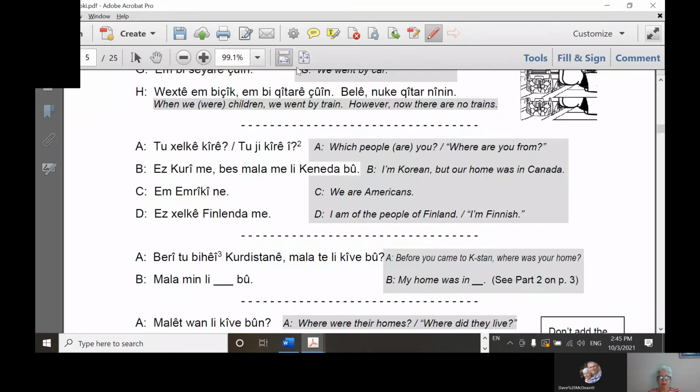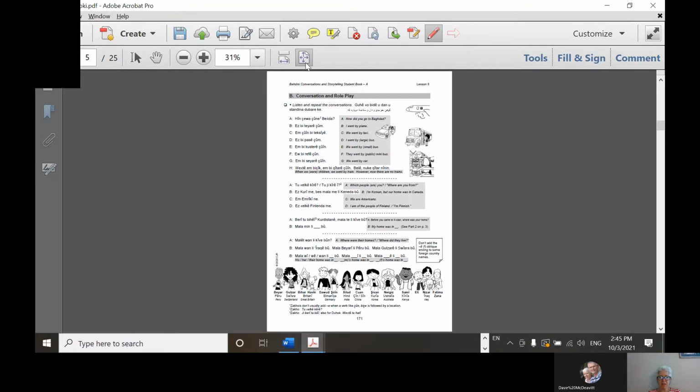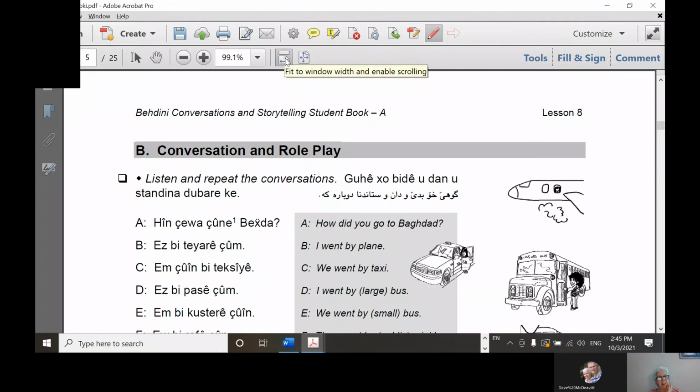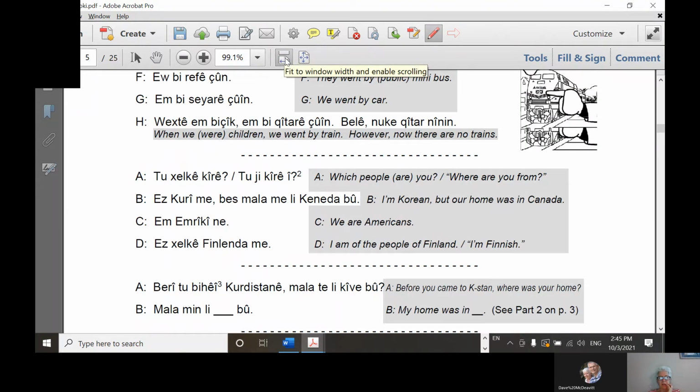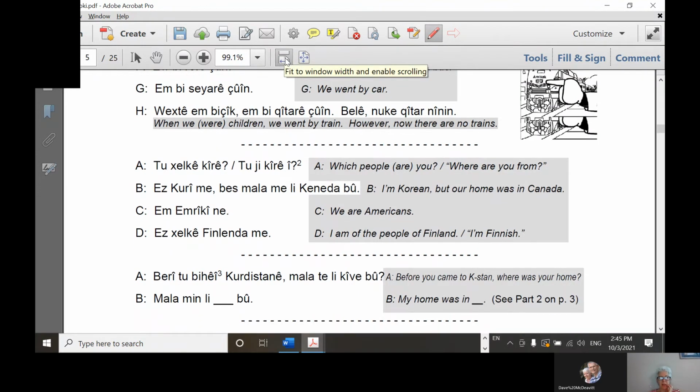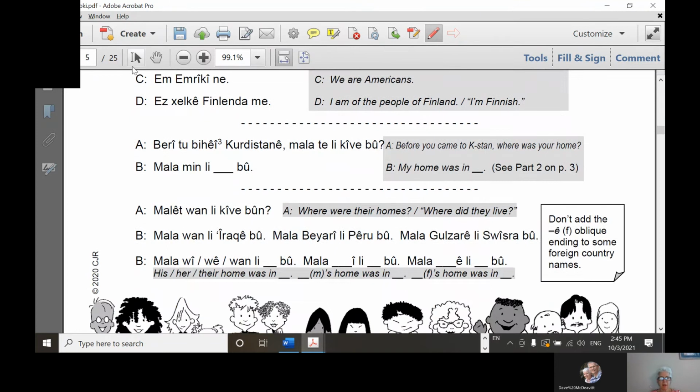Page 171. Good. Oh, here we go. Down at the bottom there. Beri, so in Dahuk, Beri to Behe Kurdistani, before you came to Kurdistan, where was your home? Malatal Kivabu.